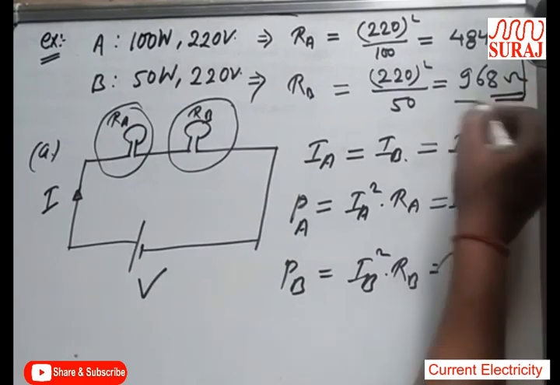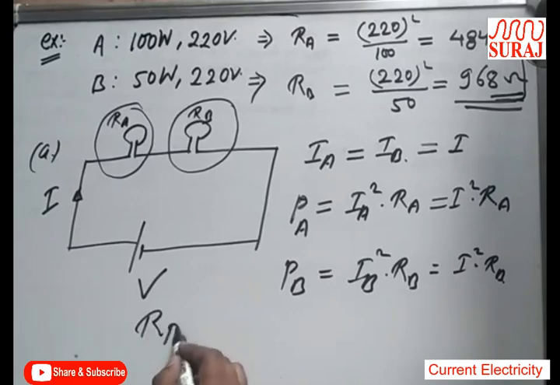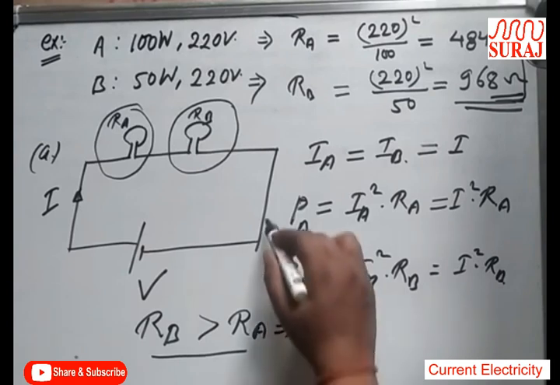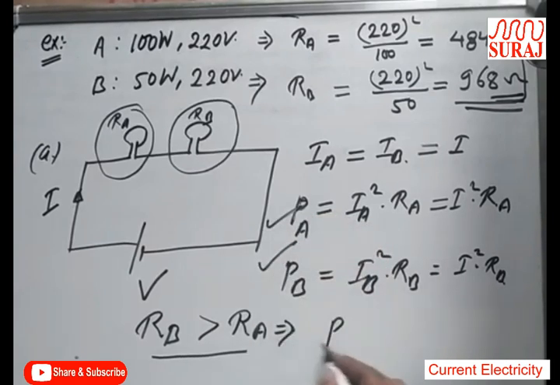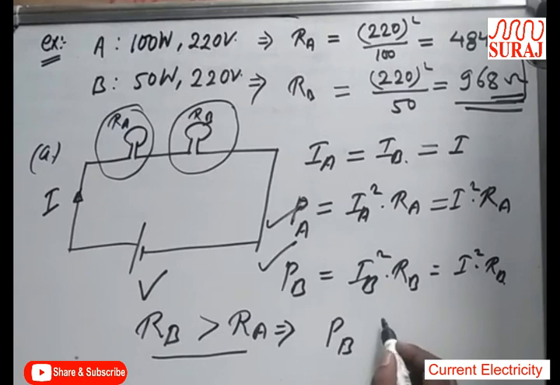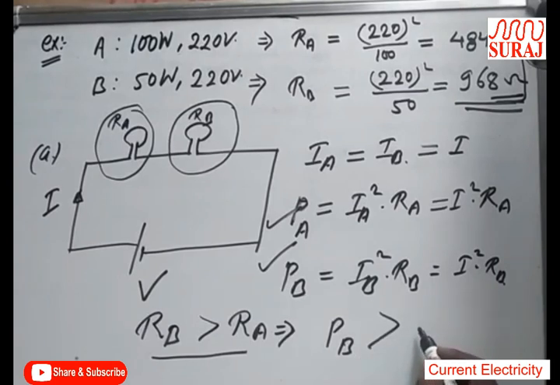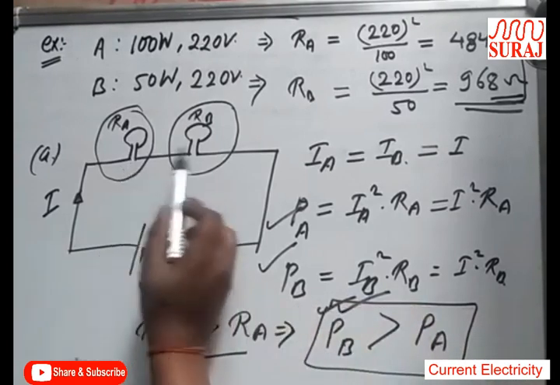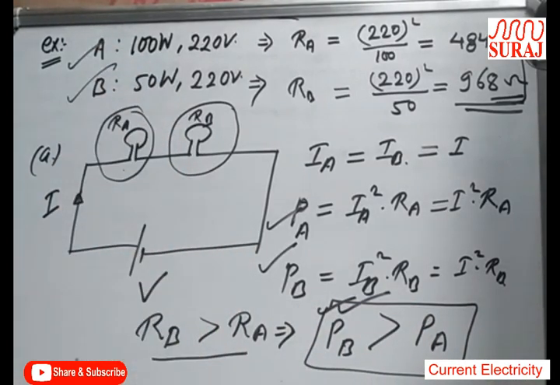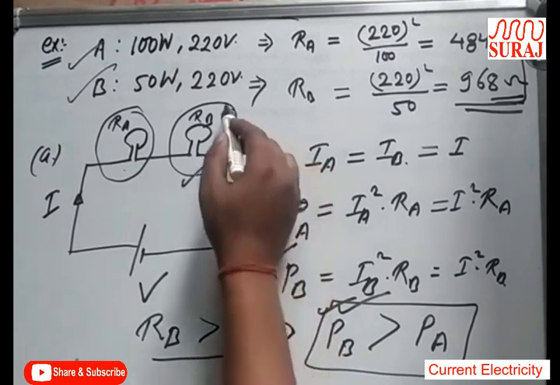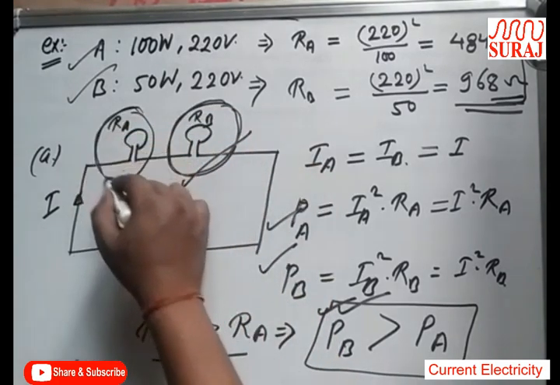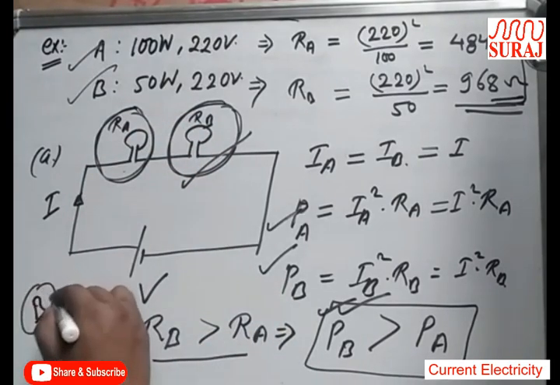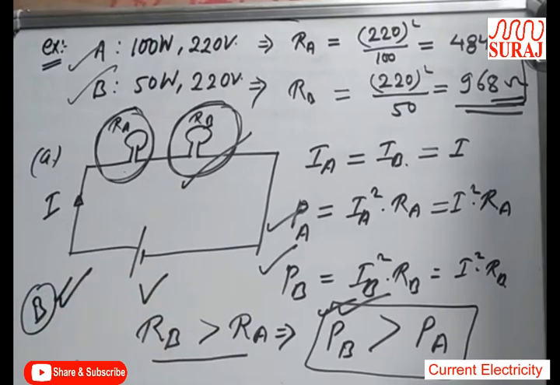From this calculation, you can see the resistance of bulb B is greater than the resistance of bulb A. So using these two relations, the power dissipated in B is greater than the power dissipated in A. It means when we connect these two bulbs in series, the dissipation of power will be more in B with respect to A. So B shows more brightness than A.